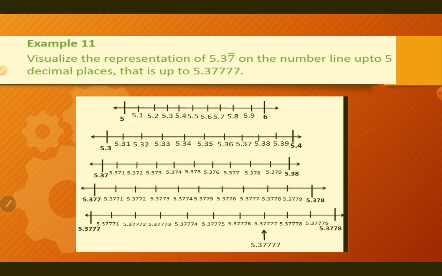We know when we draw a number line from 5 to 6, there are 5.1, 5.2, 5.3, 5.4, 5.5, 5.6, 5.7, 5.8 and 5.9. All these numbers lie between 5 and 6.